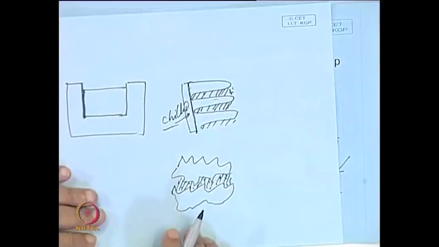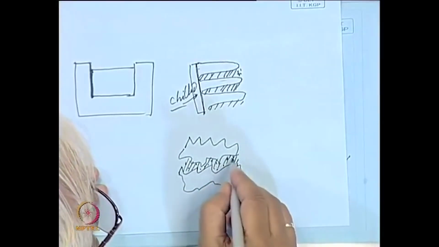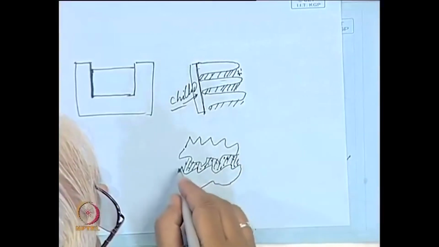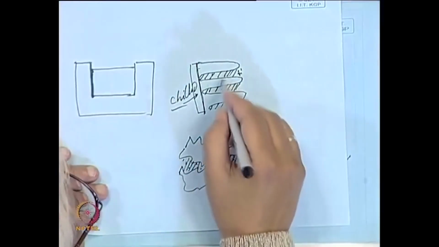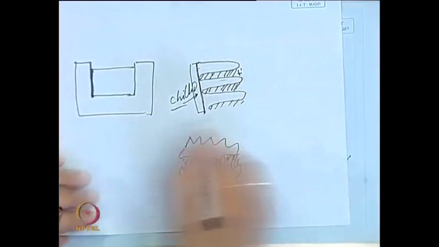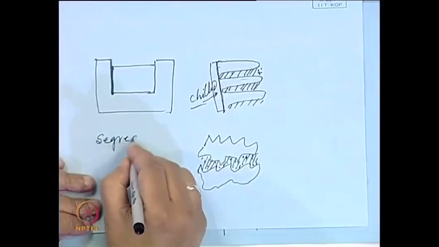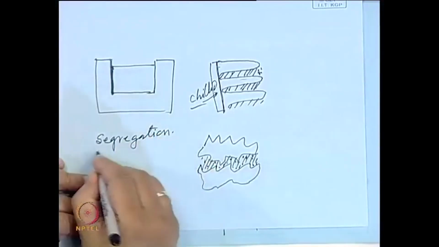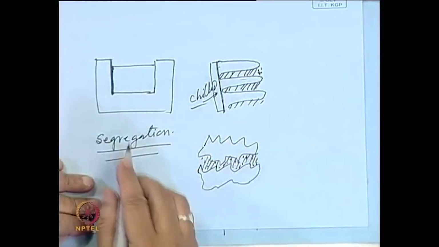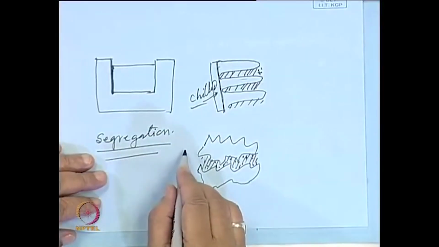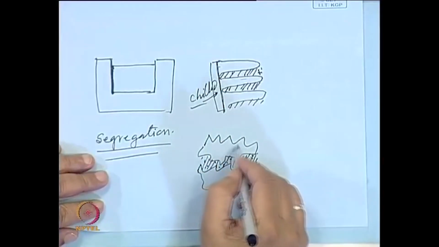So, you do get this type of structure in alloys, and this redistribution of the solute, in fact there is a general term, we say that this is called segregation. So, as a result of this non-equilibrium cooling, solute is not uniformly distributed, and we say the solute is segregated, and this is one type of segregation, it is micro segregation.